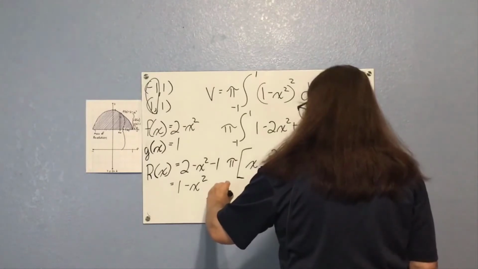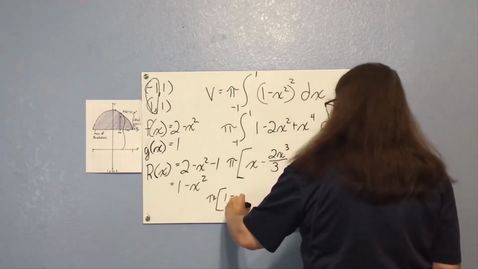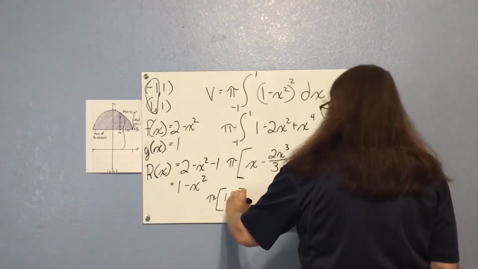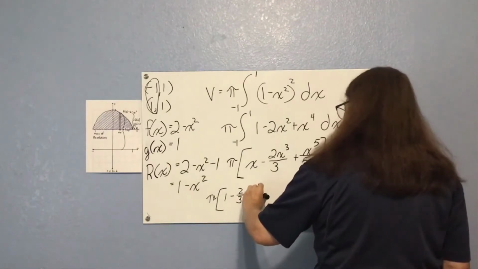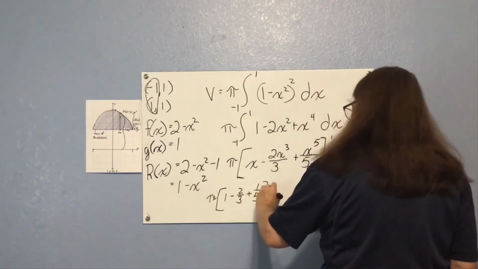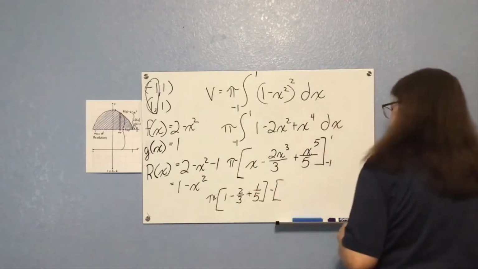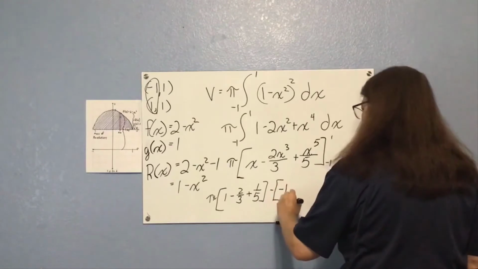So my values for 1 would be 1 minus 2/3 plus 1/5, and subtract the values for -1, which would be -1.